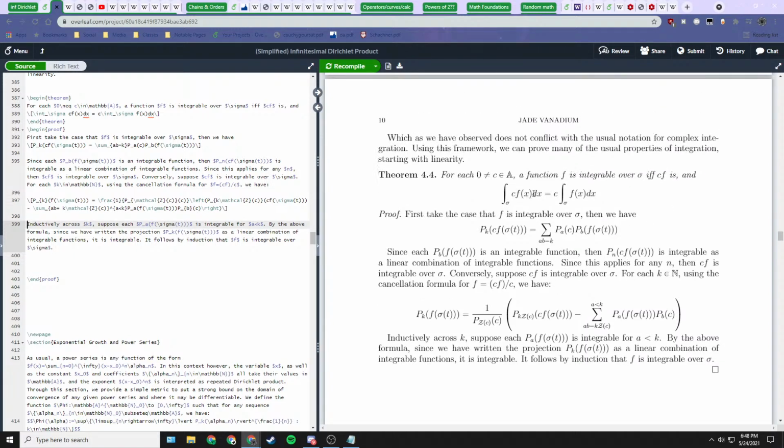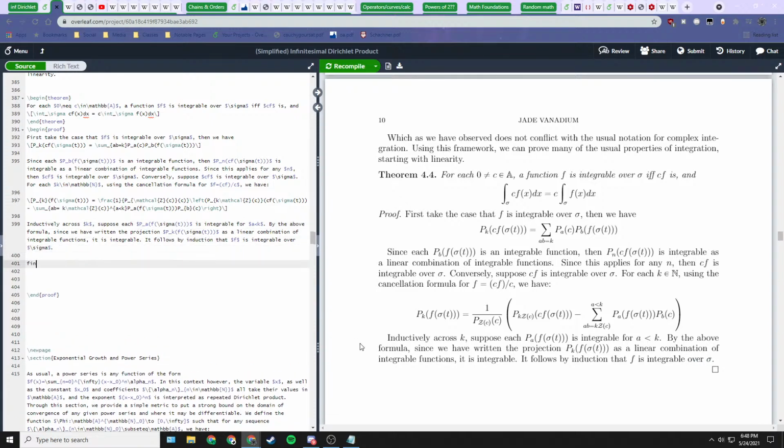So now we have to prove that these integrals have this linearity property. Actually, before we, yeah, actually this is fine. What we could maybe do, no, this is probably fine.